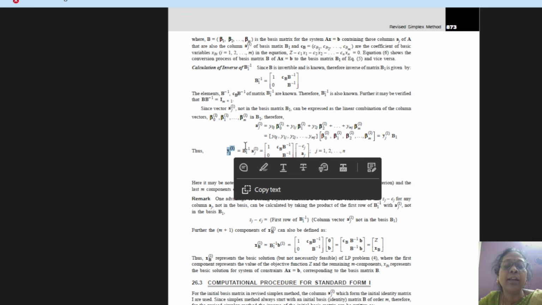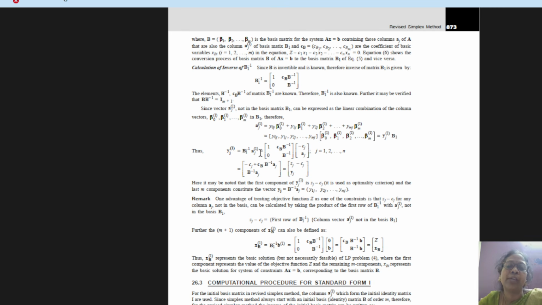Here also we want to find the minimum ratio, and for that we need your Yj. How can we find Yj? We can use B1 inverse into Aj, where j represents the vector which is to be inserted, right? With these calculations, we can easily solve the linear programming problem using the revised simplex method.